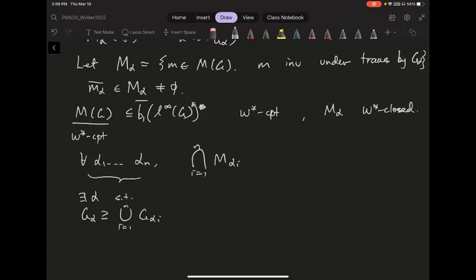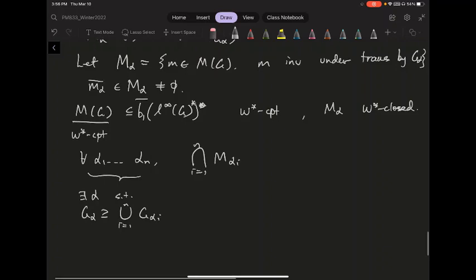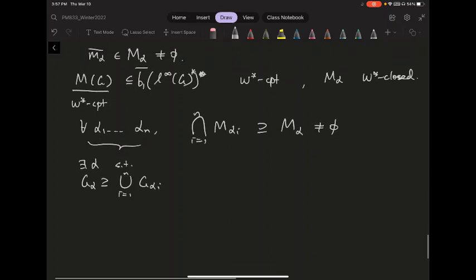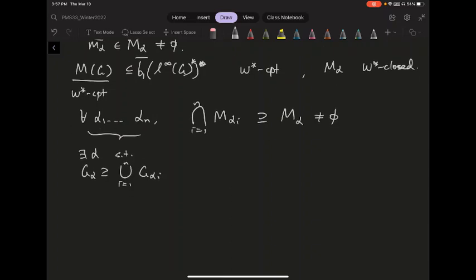If a mean is invariant under G alpha, then it's certainly invariant for each of these G alpha i. So each of these finite intersections is going to contain the M alpha, which is also non-empty. So your M alpha has this finite intersection property.